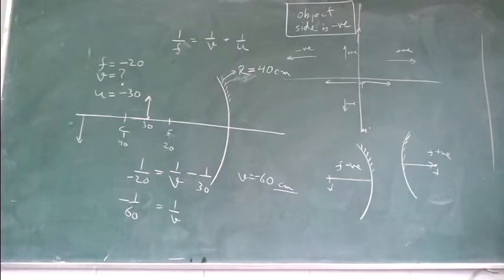Okay. Now do one question individually and go home. This is a meter scale on which a concave mirror is fixed at the 40 centimeter mark. The reflective side is facing towards the 100 centimeter mark.